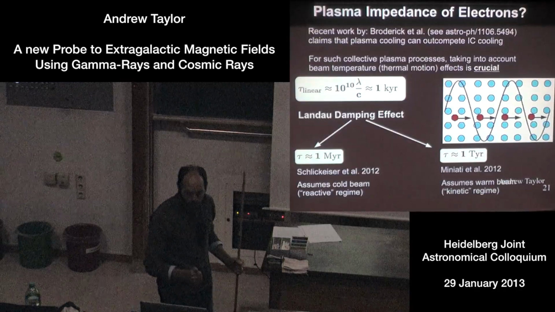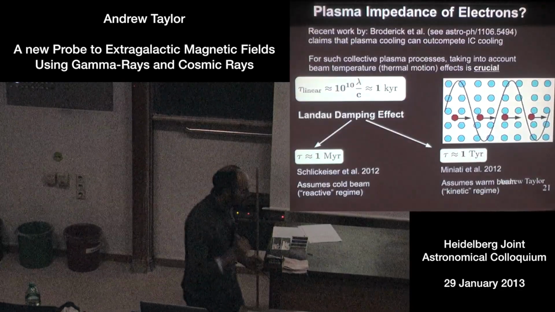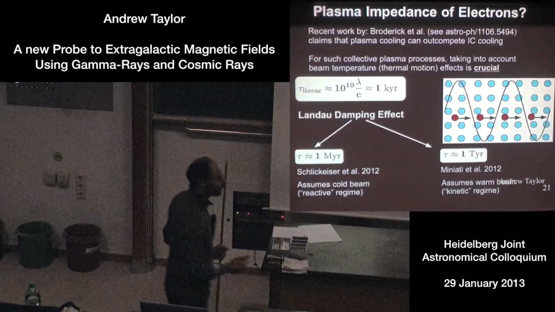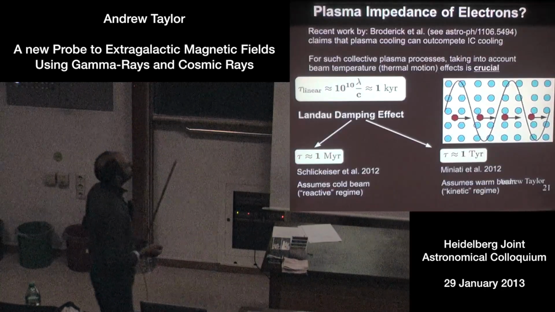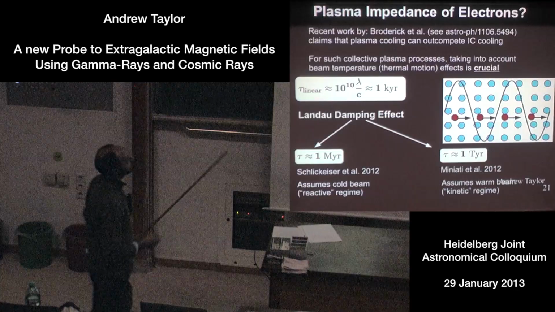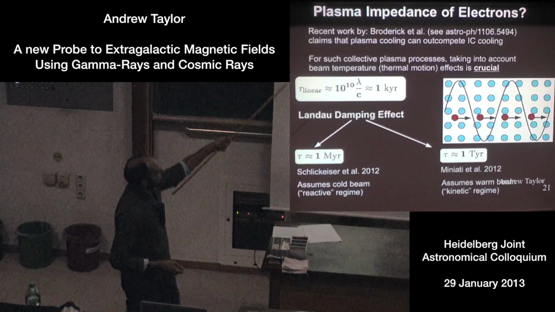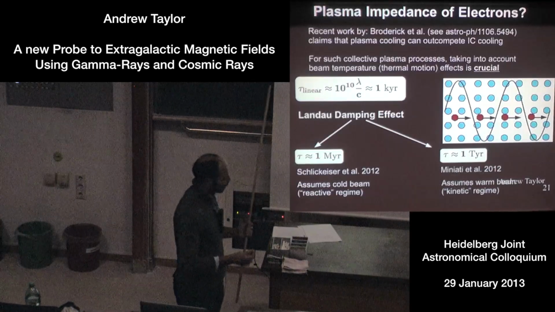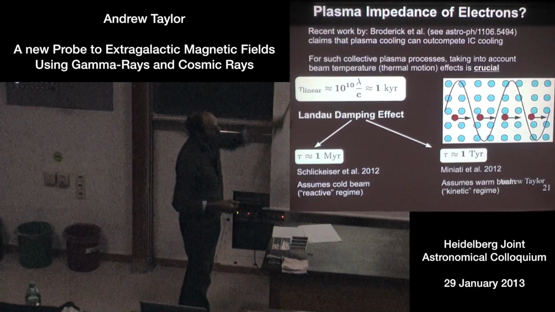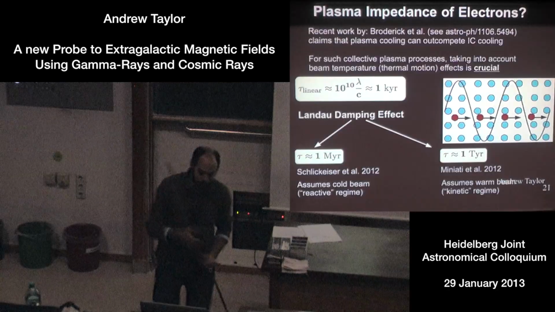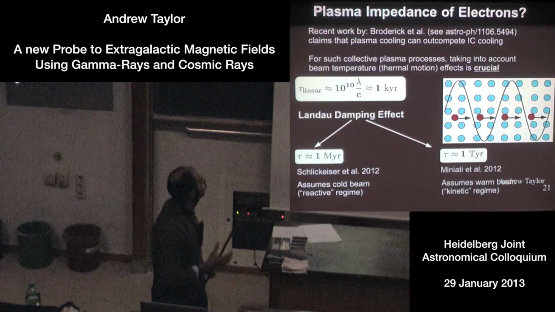Okay, so before I move on, I wanted to mention something that's relevant. I know that Christoph Brummer is in the audience, and so I want to mention some work that he did. I've been talking about inverse Compton cooling, and it's been suggested in this paper here that this can be outcompeted through plasma cooling effects.